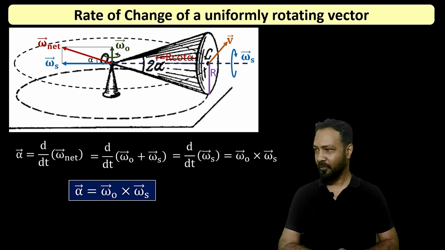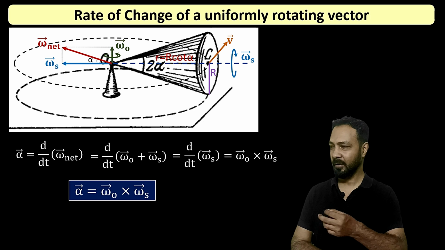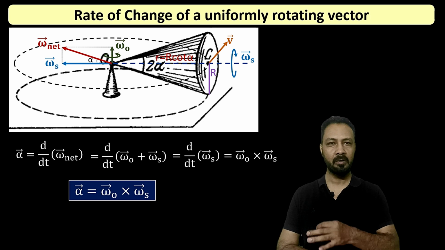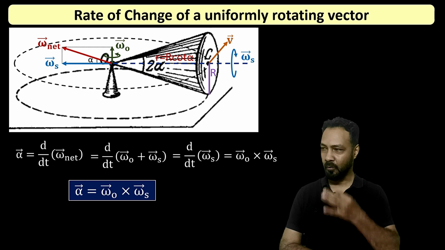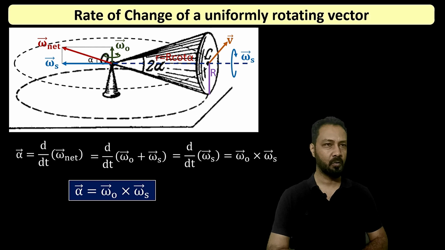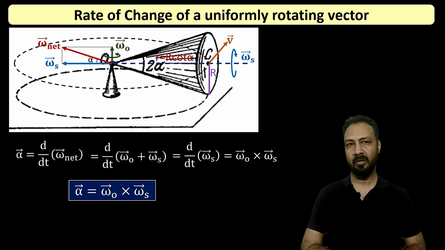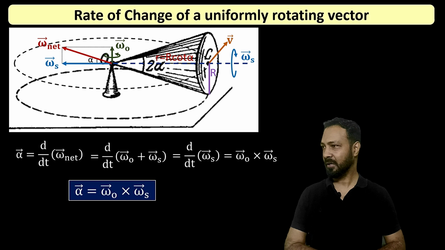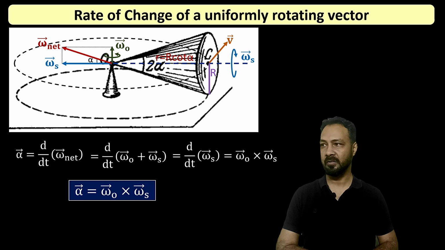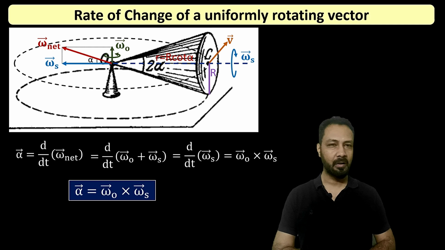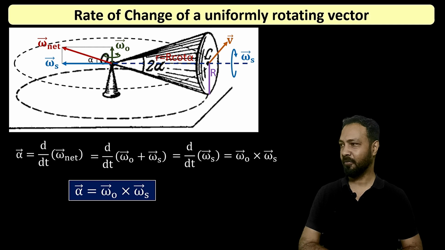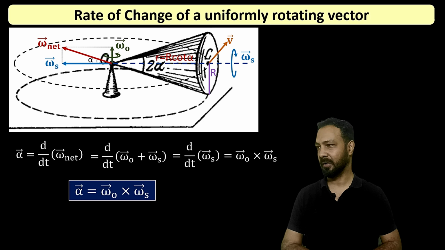Basically my intention is done. My purpose was to take a good example to illustrate the concept that dA by dt is omega cross A. So here I have used d omega S by dt is omega O cross omega S, and using that, I have arrived at alpha equal to omega O cross omega S.